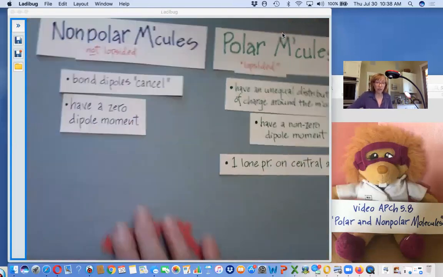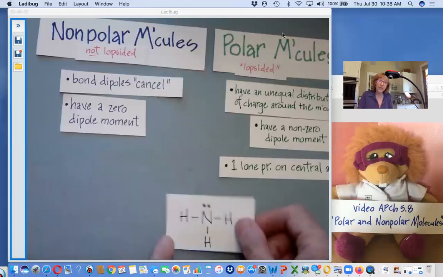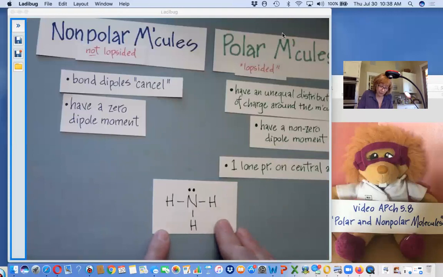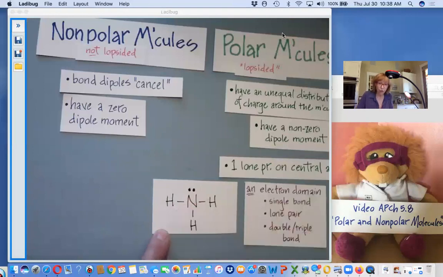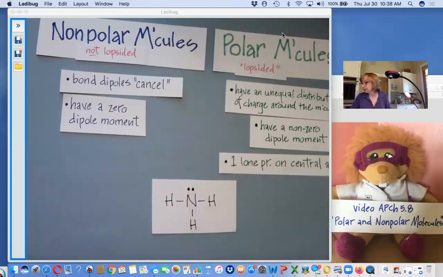Okay, let's look at yet another. Let's look at ammonia. The Lewis electron dot diagram makes it look like it's T-shaped, but when you consider your central atom, you see that it has 4 electron domains, 1, 2, 3, 4, and 4 electron domains means that we have a tetrahedral geometry.